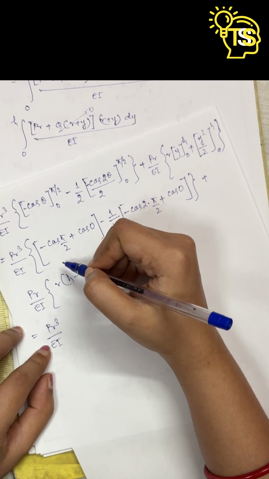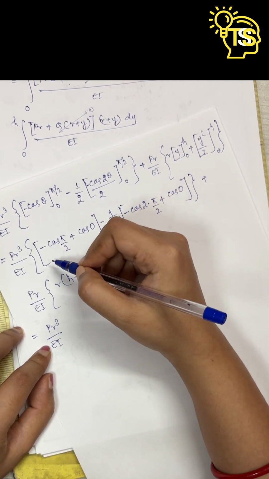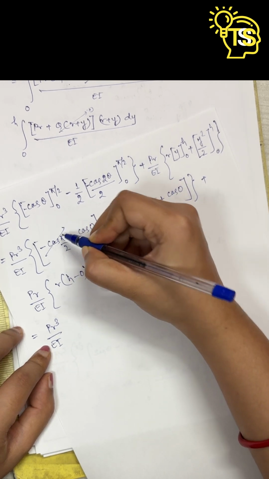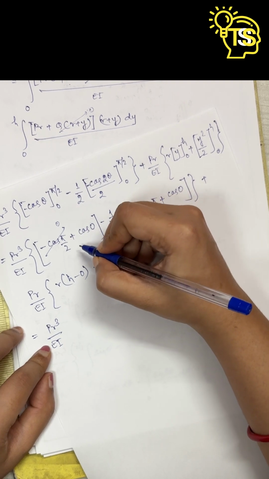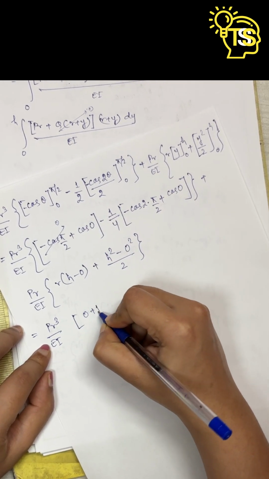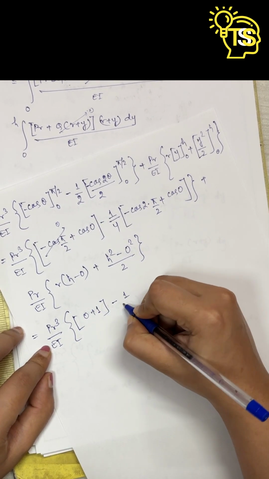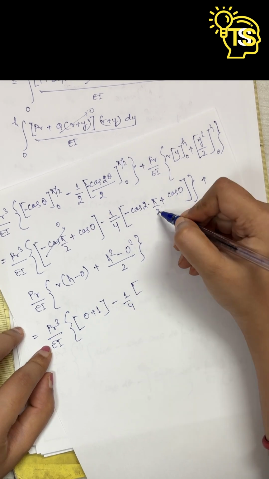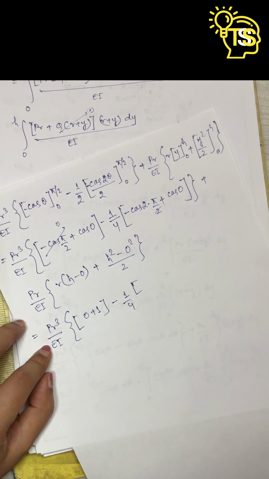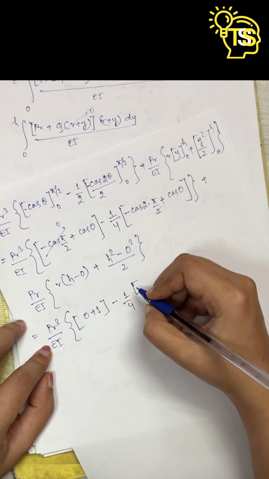Now the value of minus cos pi by 2 is 0 and cos 0 is 1. So 0 plus 1 is 1. Here 2 gets cancelled and the value of cos pi will be minus 1. So minus gets plus.